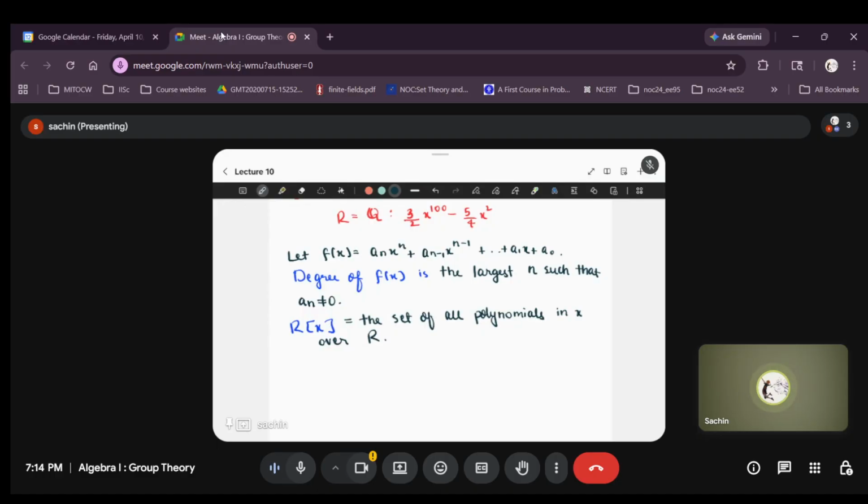This R of x is an infinite set because it will contain x, x square, x cube, any finite n, it has x power n in it, and all polynomials of that degree in it.